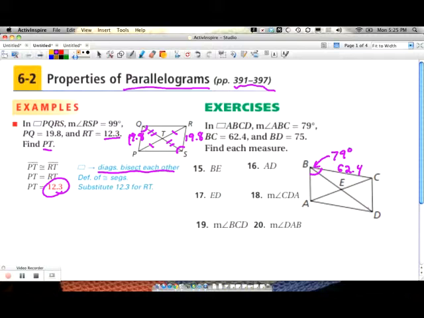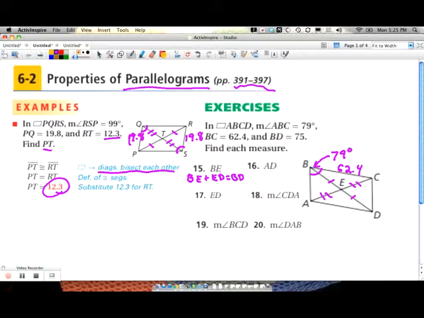If I want to find BE, that's half of this diagonal, because notice that it's split in halves again. So BE and ED equals BD. And BD we know is 75, so if we split it in half, we get BE and ED individually.